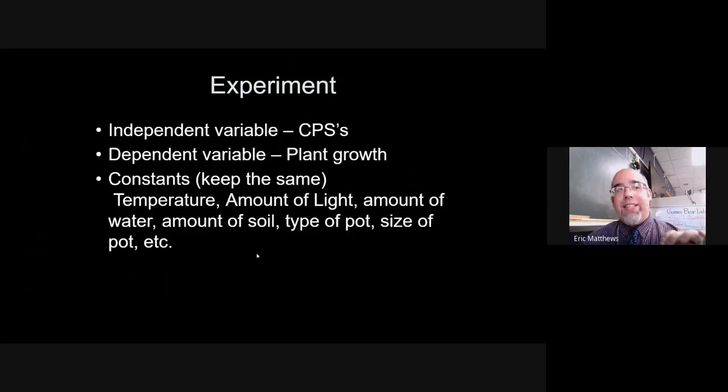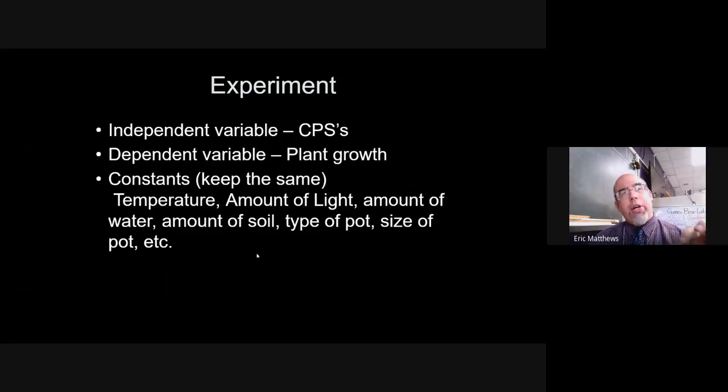The key here is that it's going to be your measurement. Your dependent variable will be whatever it is you're going to measure. In this case, the best way to tell if plants grow is to measure the plant's growth, our dependent variable. And I understand if these start to get a little bit confusing, they always do. Don't worry, we've got lots of time. And then finally, the constants.